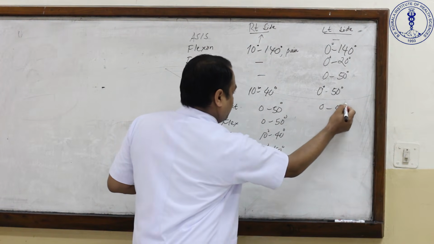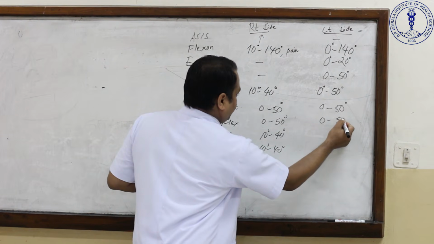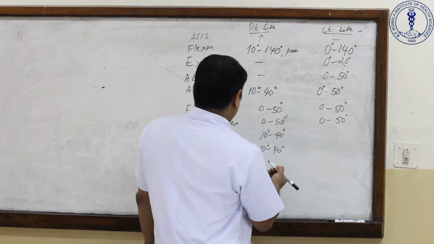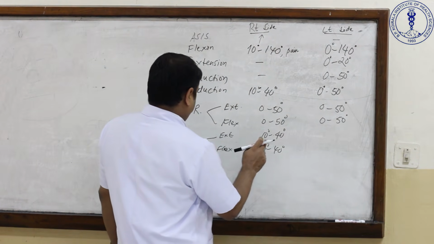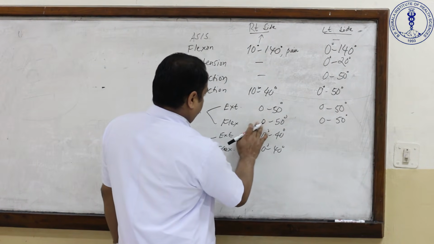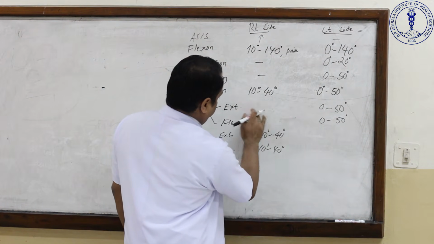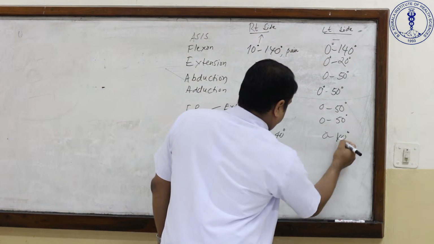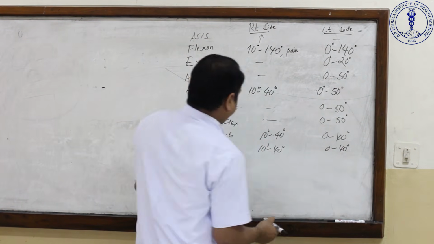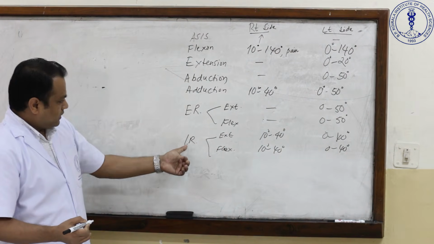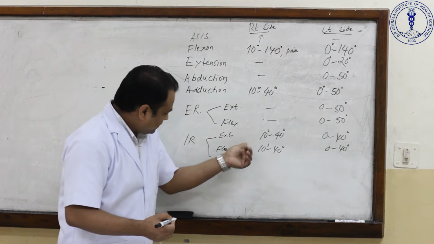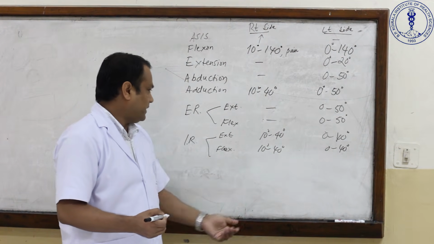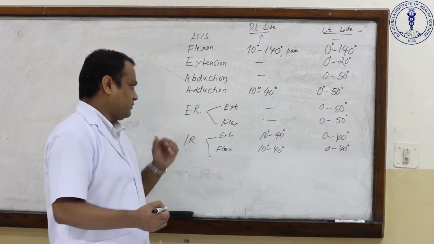I am only giving a hypothetical example of how to tabulate the findings of a patient. Sorry, let's say this is not possible for this side, and this is 0 to 40 degrees. So if I write this, there is fixed internal rotation deformity of 10 degrees with further range of motion from 10 to 40 degrees, and the external rotation, that is the opposite movement, is not possible here.